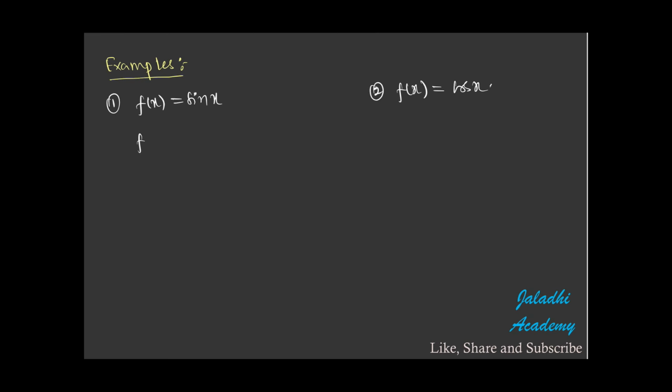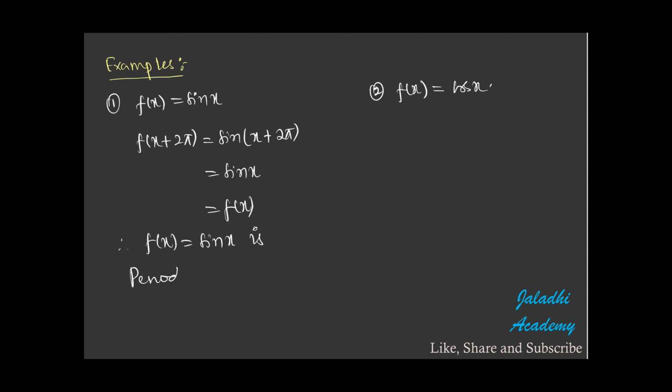If we consider f of x plus 2 pi, which equals sin of x plus 2 pi, we can write sin of x plus 2 pi as sin x. So we got the same function f of x. Therefore f of x equals sin x is a periodic function of period 2 pi.